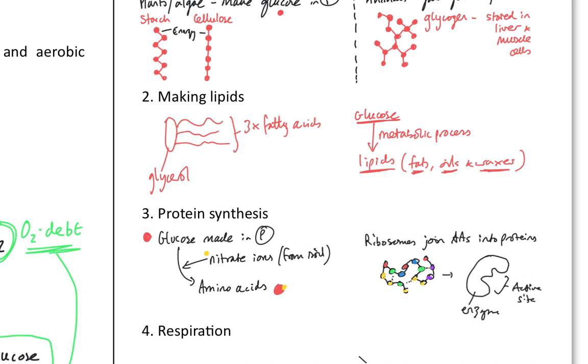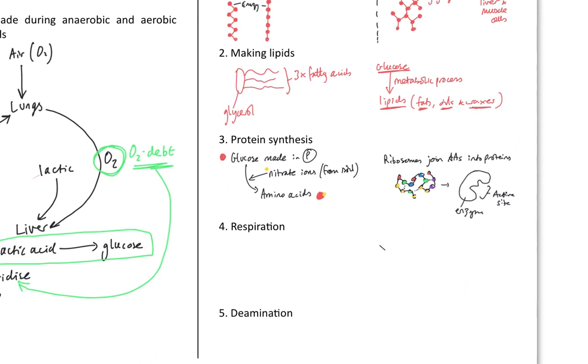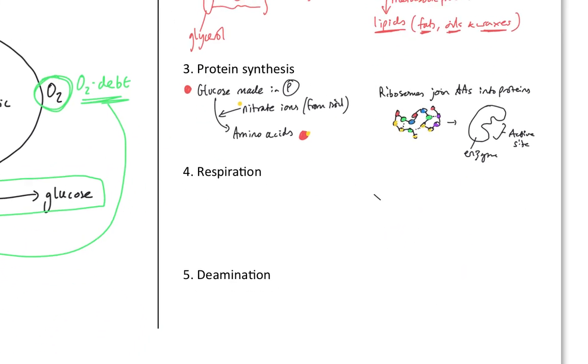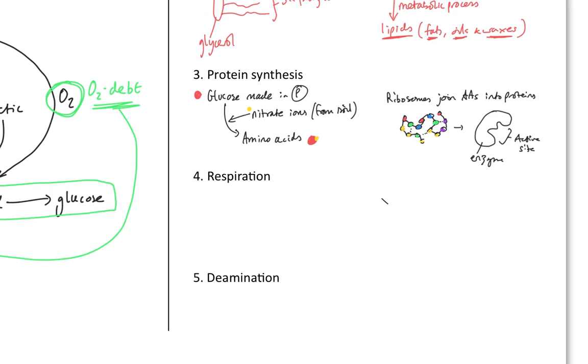So plants make their own proteins because they make their own amino acids. We're an animal. We gain our proteins from eating other things. We digest it into amino acids, and then our liver will process those amino acids. It will use the ones we need. It can convert some into others, but some are excess, and therefore we have to get shut of them. We're going to get to that in a second because we're on to deamination in a moment or two.